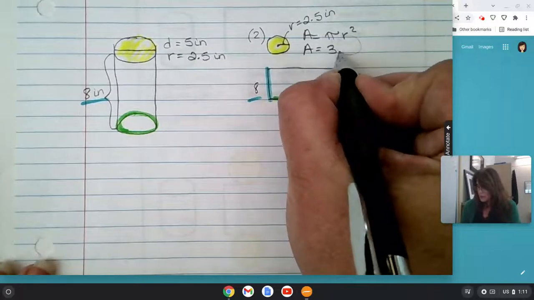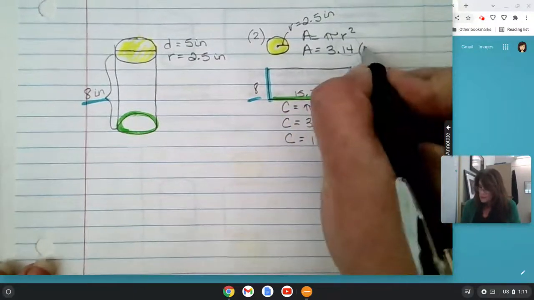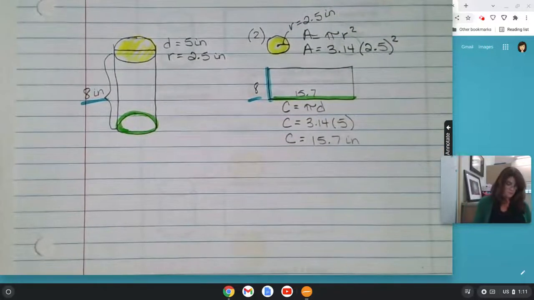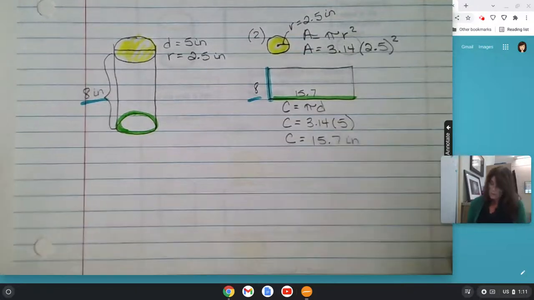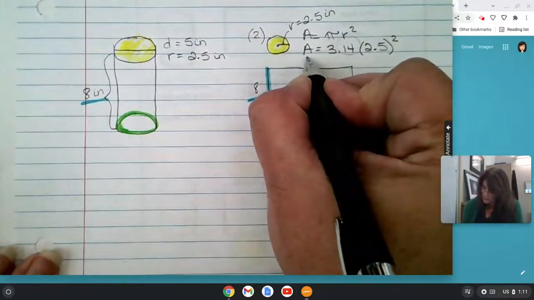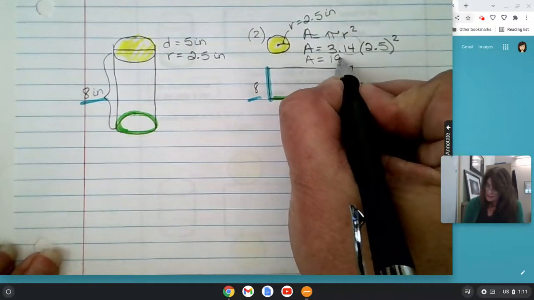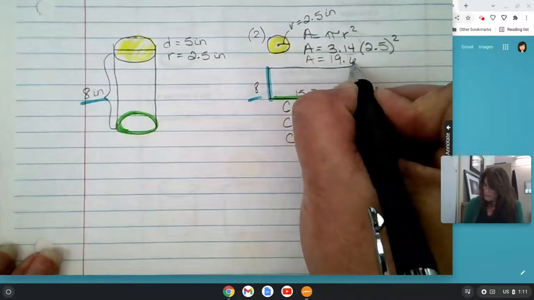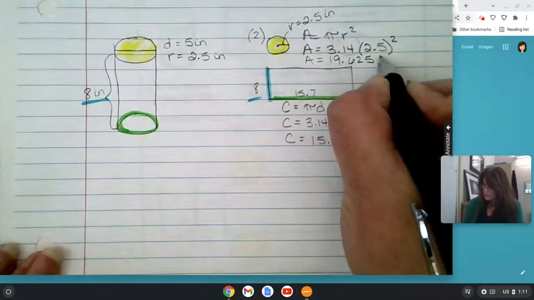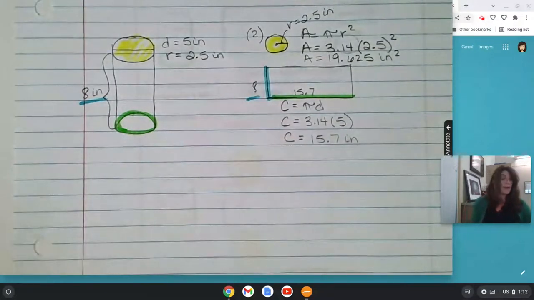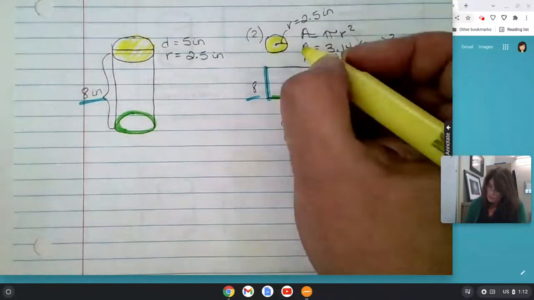Area equals 3.14 times 2.5 squared. So the area for these circles is 19.625 square inches. And that's the area of the circle.